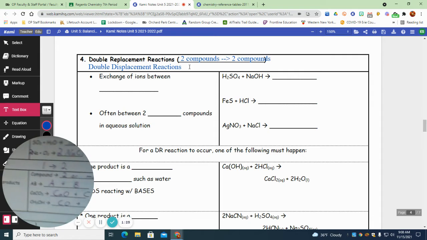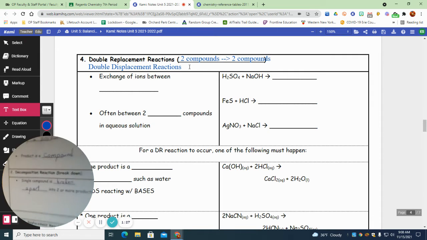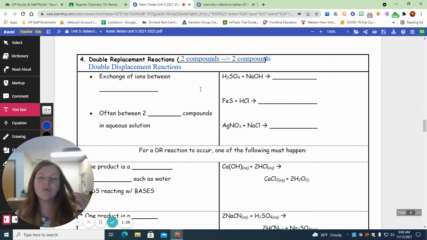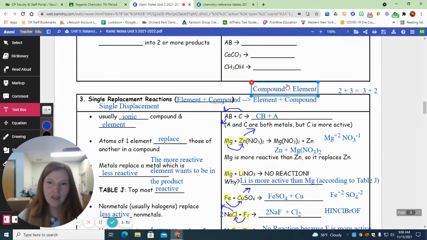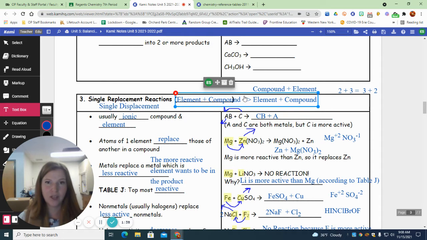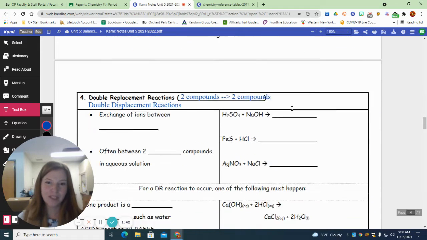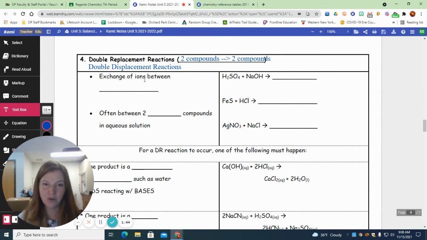If you have one thing breaking apart into two, it's a decomposition. We said when we did single replacement that you have two reactants, two products, but your reactants would be an element plus a compound, and your product would be an element plus a compound. With double replacement, you're doing two compounds becoming two different compounds.